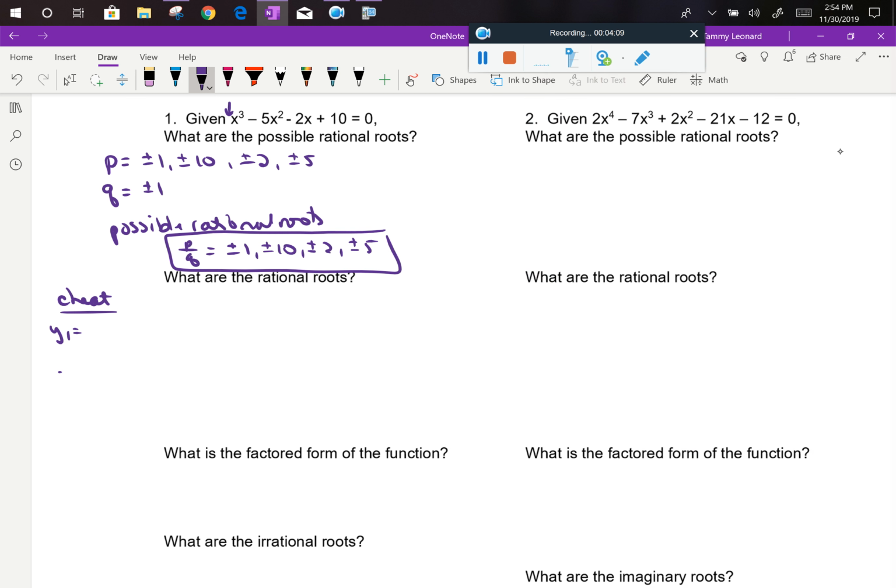So here's what I'm allowed to write on my paper. Between -2 and -1, between +1 and +2, and at 5. It looks like it's crossing through here. So I can draw that rough sketch on my picture. That's it. I now need to put the graphing calculator away and not touch it again.